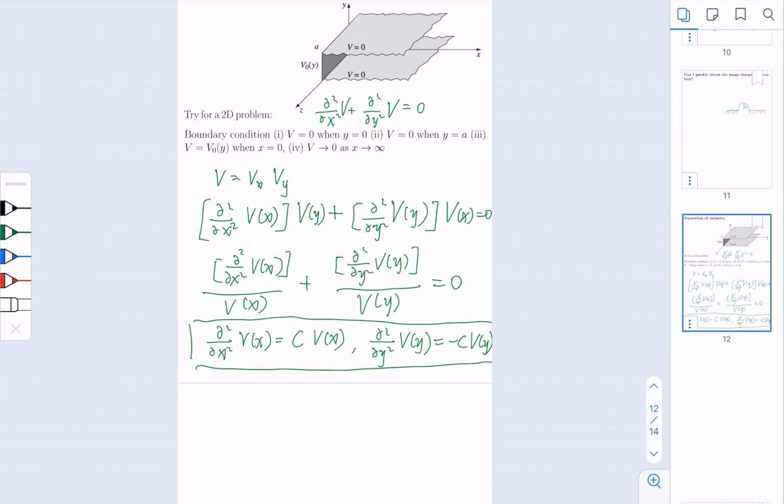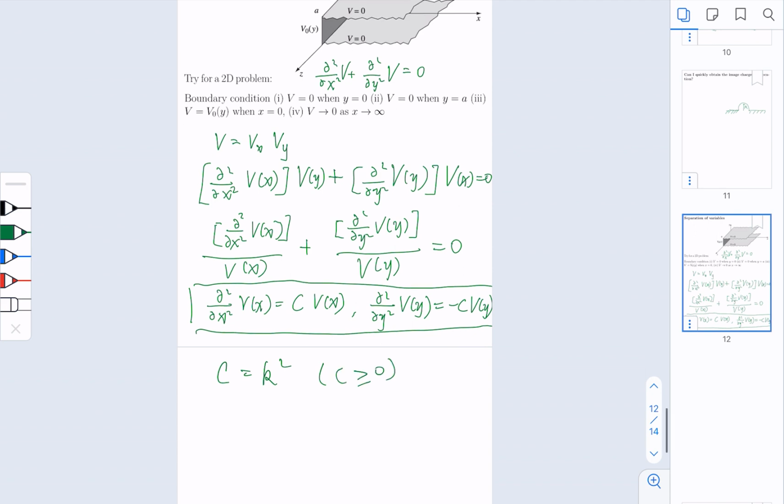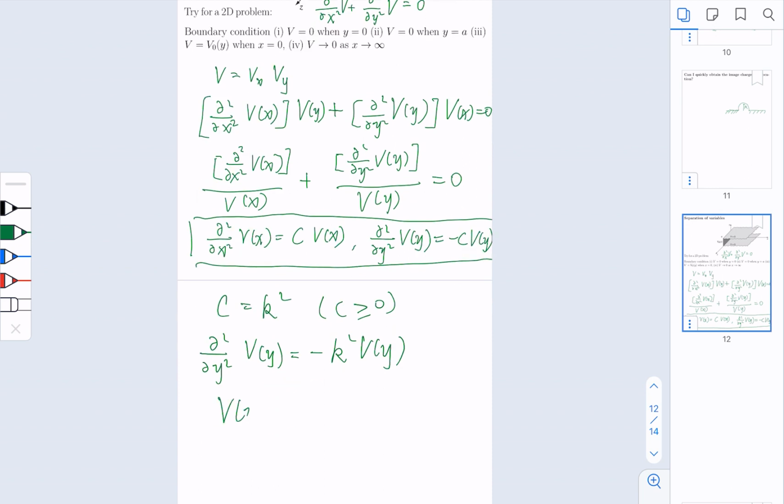Then we express c simply as k squared, and this means that along the y direction we can write out the answer immediately.